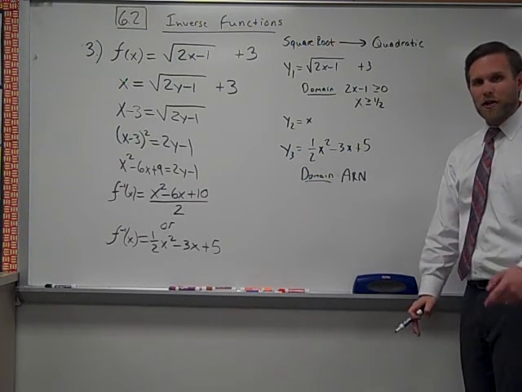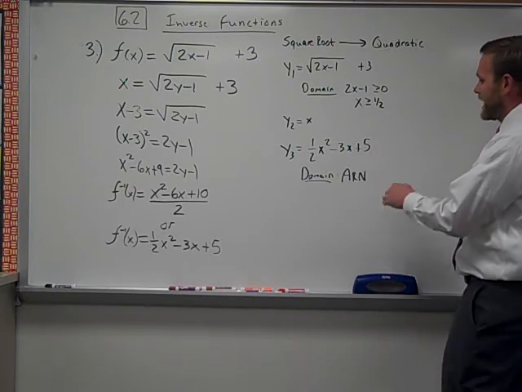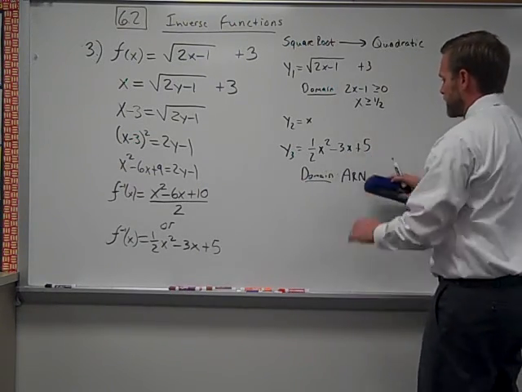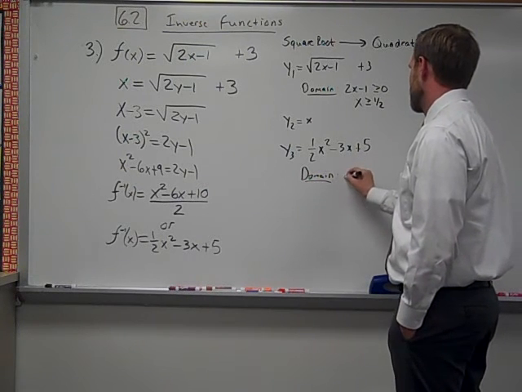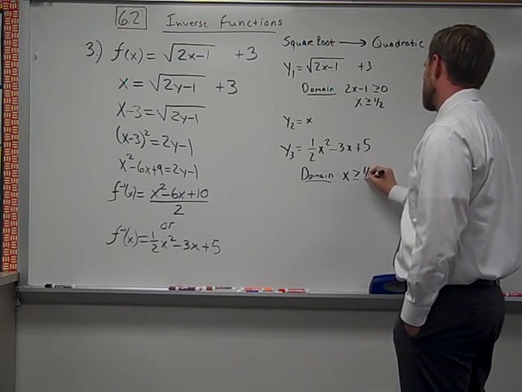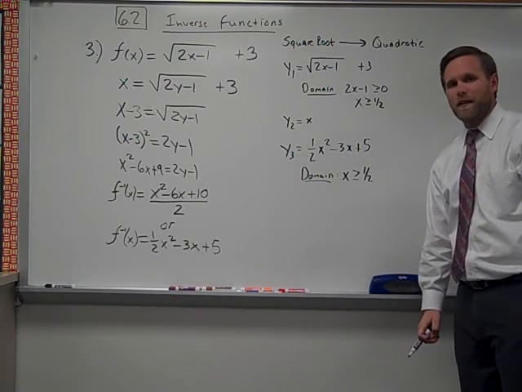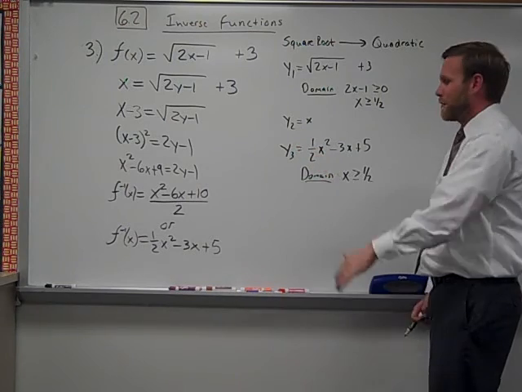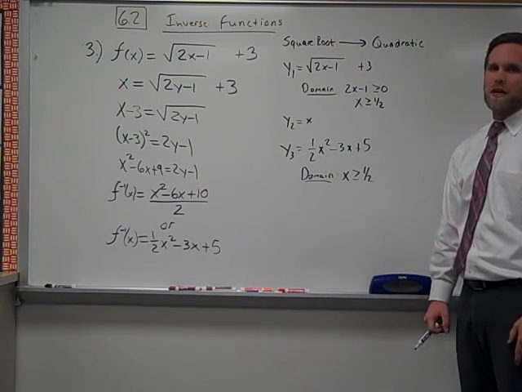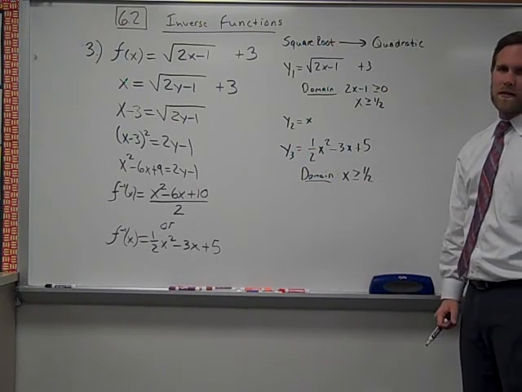So here's what I want you to do on your graph. If you actually take the domain for this function and you change it to the same as the domain that you had here, that you're only looking at the x values that are greater than or equal to 1/2, then you would see that you'd lose an entire half of that parabola, and you would see the symmetry across the line y equals x. Okay?